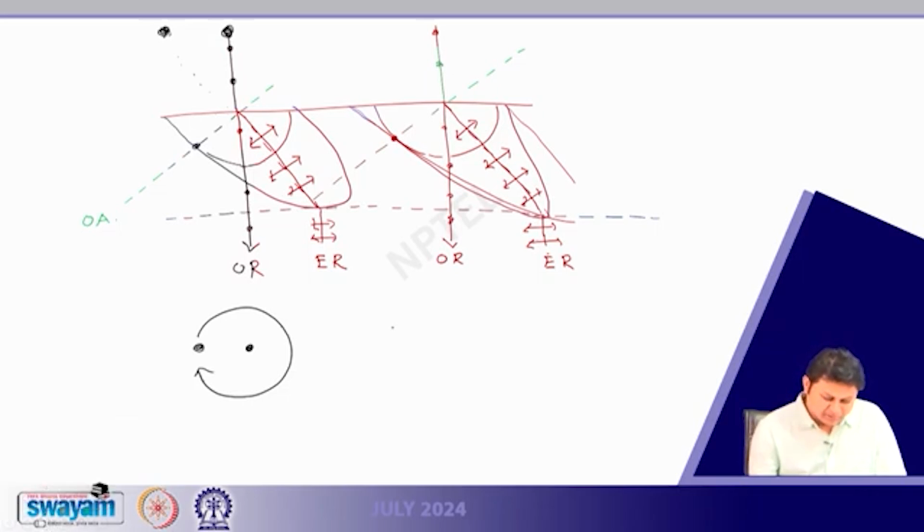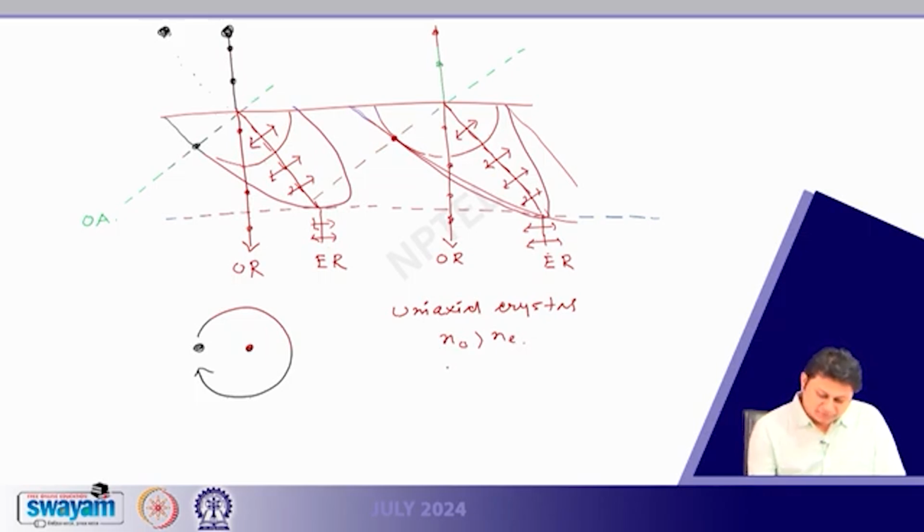Let me note that for a uniaxial crystal, there is one direction along which we have OA, that means the optic axis. That is why this is a uniaxial crystal. We have NO greater than NE, if that is the case.